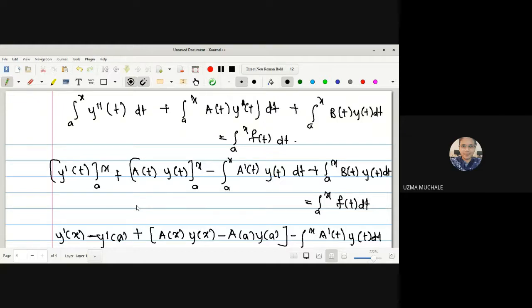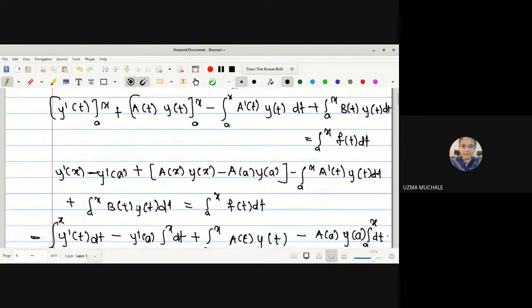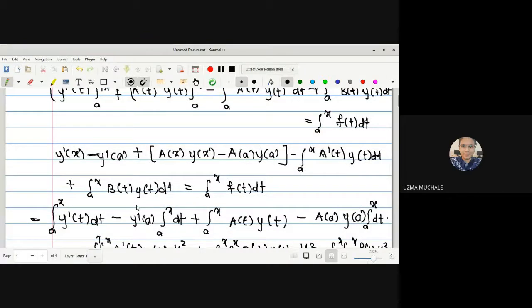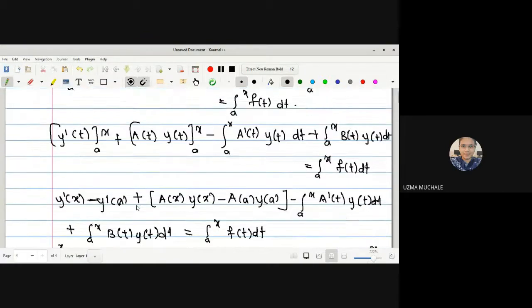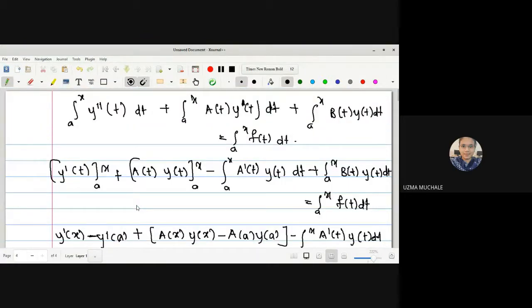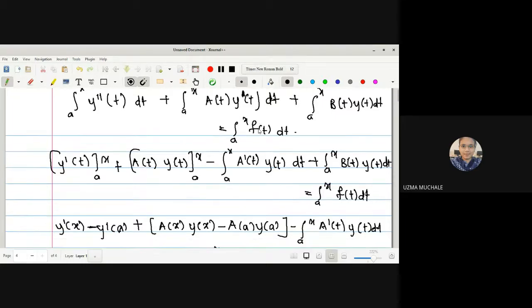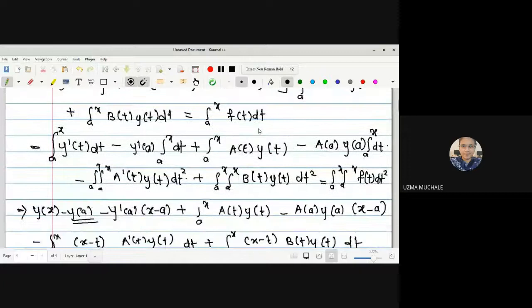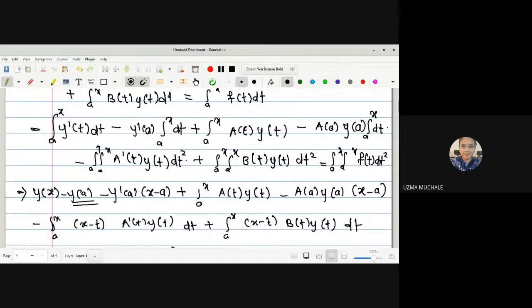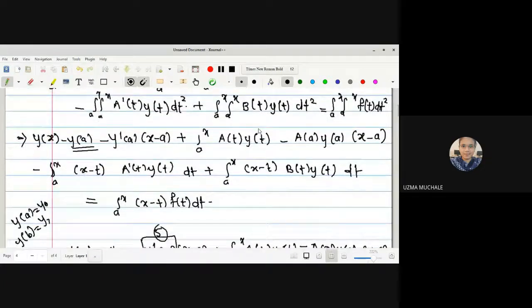So first integration, after that we have to integrate the first and second term, because the second term also involves y dash. So we can use integration by parts for the second term. And this was a confusion I created in the first half, and then we have to find one more integration, and then we can find the value of y of x.